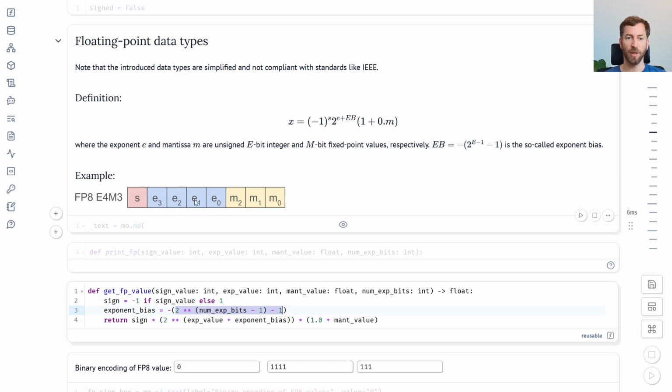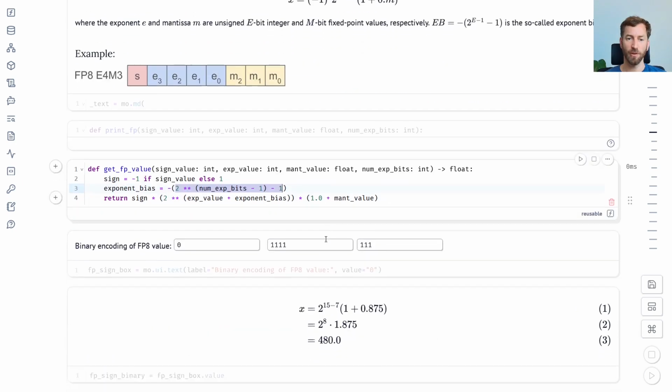And this is 4 plus 2 plus 1, it's a 7. And by definition, the exponent bias is negative. The other part, the linear part, consists of a 1 plus a fixed point number with a fixed leading 0, and the fraction is defined by the mantissa bits.